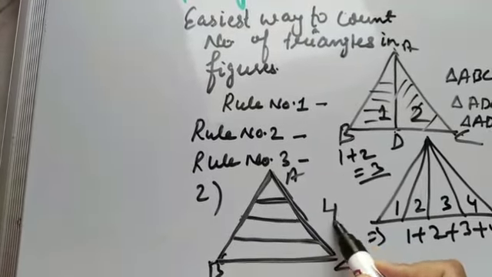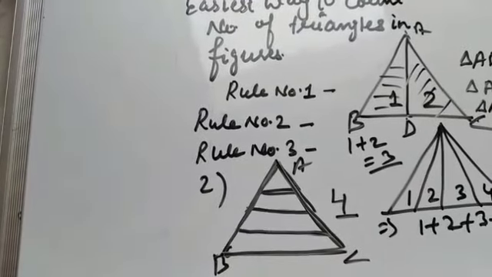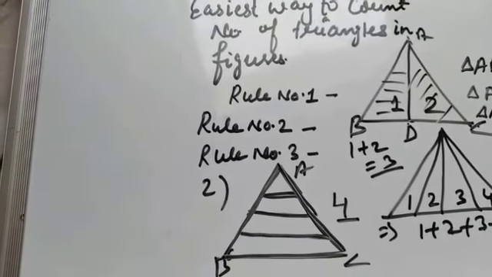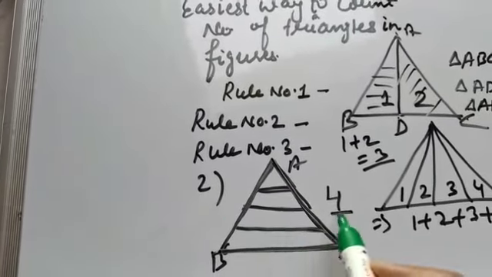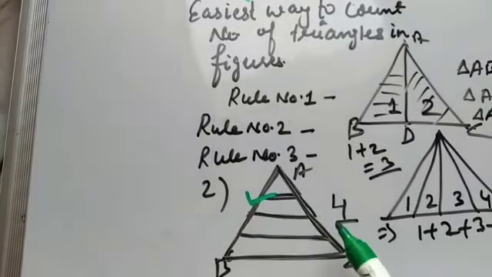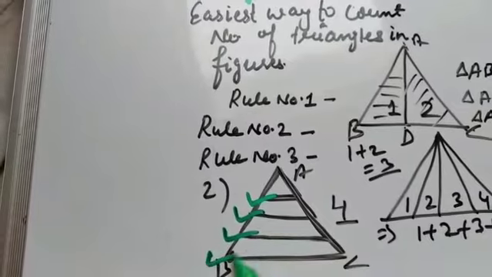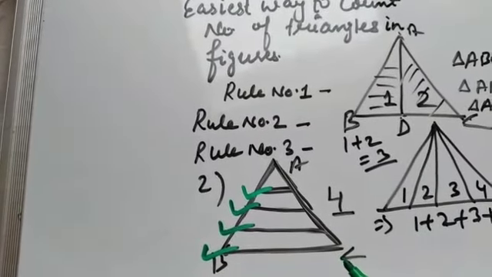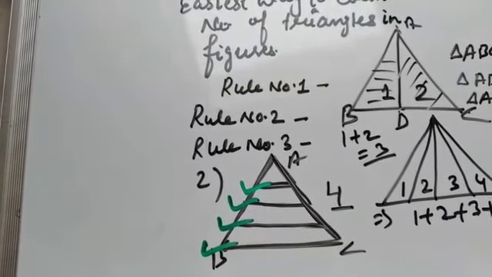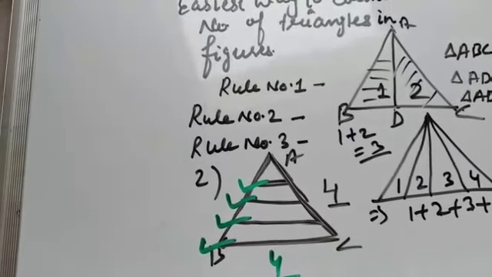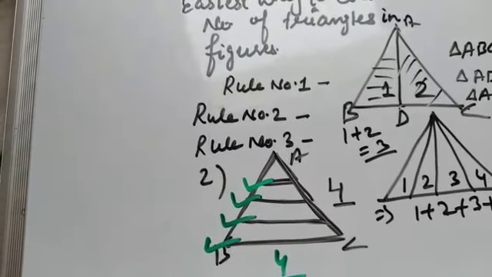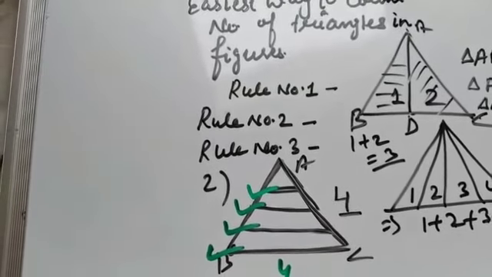So there are 4 triangles, but in an easier way you have to count the number of parallel lines. Parallel line means this one, this one, this and this. So how many parallel lines are there? That will be the number of triangles here, that is 4. So you can count the number of triangles in a very easy way.